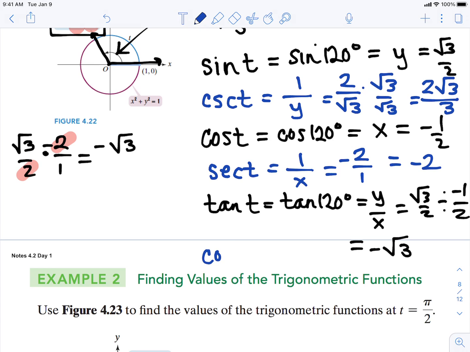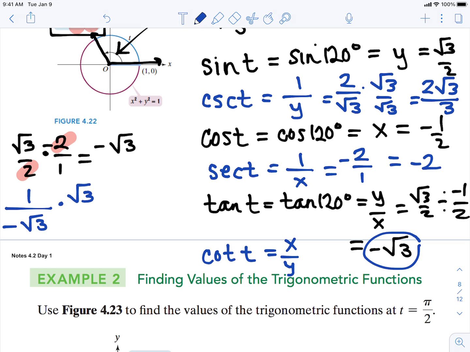Now the cotangent, the last, is x divided by y, or the reciprocal of that answer. So I'm just going to go over to here. 1 over negative square root of 3. And I'm going to rationalize it. So I get negative square root of 3 over 3.